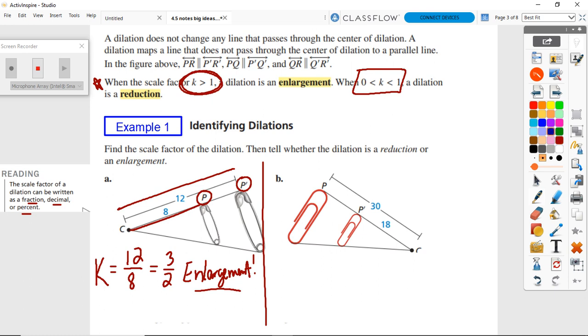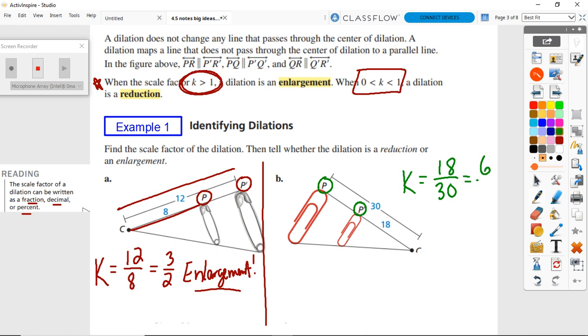We've got, let's go green on this one. So there's my pre-image P and my image P prime. And actually this one got smaller. So my scale factor, image 18, pre-image 30. So take a 6 out of each one.